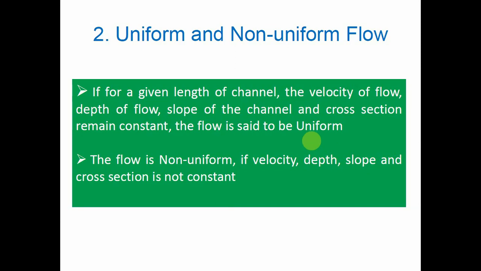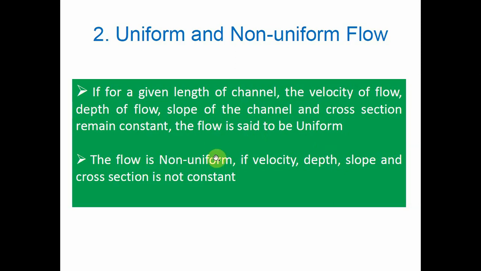That is, if for a given length of a channel, the velocity of the flow, depth of the flow, slope of the channel and cross section remain constant, the flow is said to be uniform. Mathematically, dou y by dou t is equal to 0.